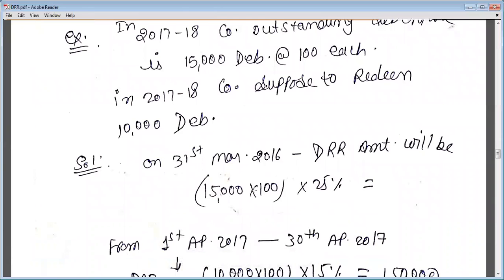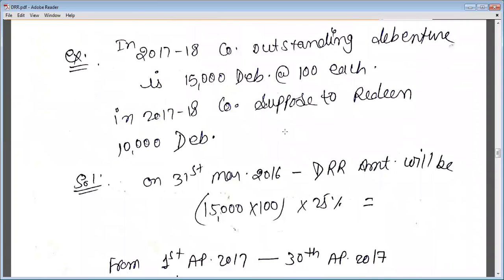Let me calculate. So the amount will be 15,000 multiplied by 100 multiplied by 25%, that is 3,75,000. So on 31st March 2017, we have to create DRR of 3,75,000.